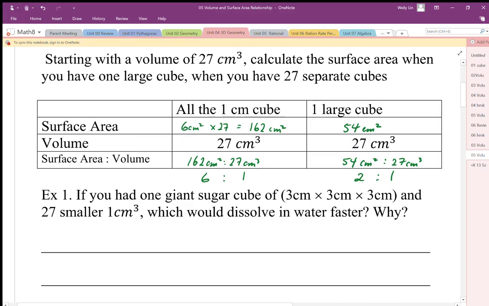So if we had one giant sugar cube, a 3 by 3 by 3 centimeter cube, and a whole bunch of smaller 1 centimeter cubes, which would dissolve faster in water? The smaller cubes would dissolve much quicker in the water.